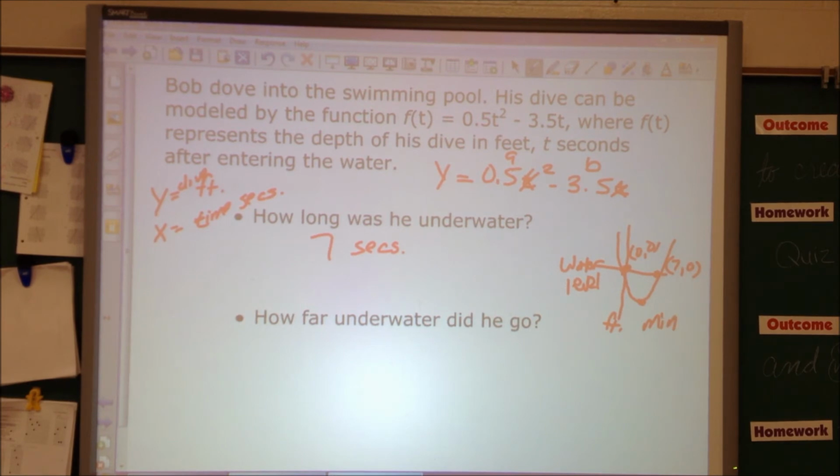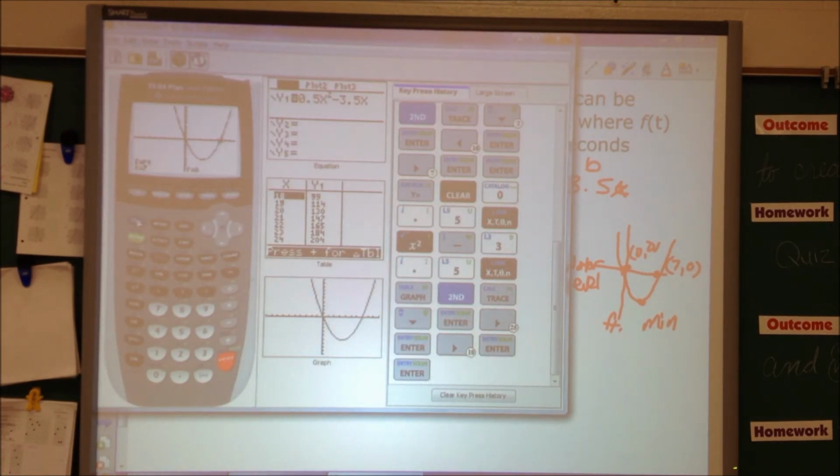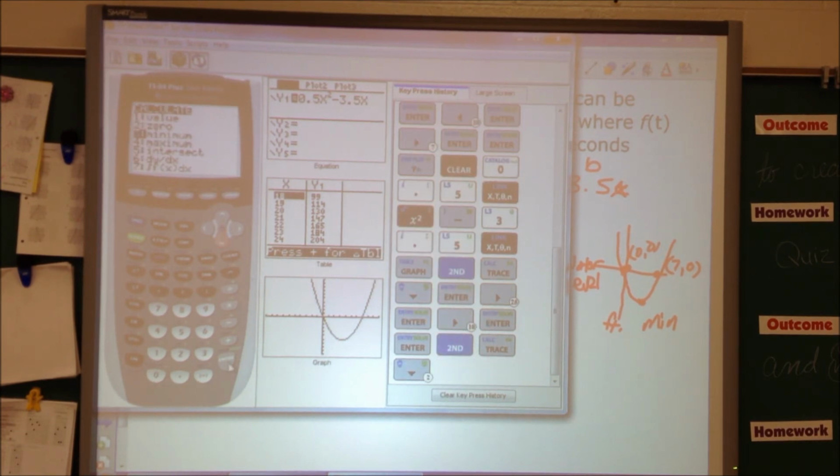So I'm going to go back to my calculator, and I want second calculate. And this time I want to find my minimum to see how far down he went. It wants my left bound, and I need to be to the left side of the vertex. So I need to arrow back, and this one I can see. It's going a little bit slow.